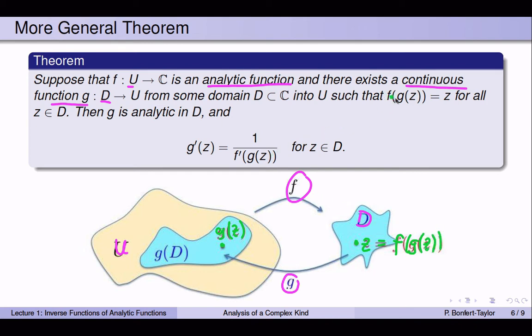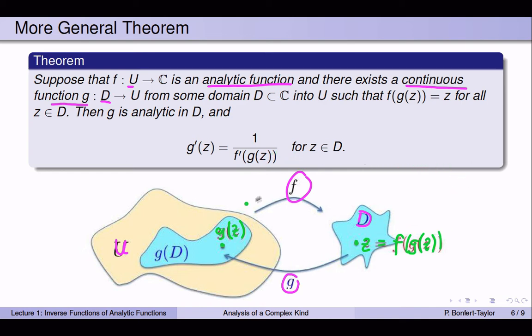So f is sort of an inverse of g. f of g of z, they undo each other. f of g of z is equal to z. If that holds for all z in d, where the function g is continuous, then g in fact is analytic and has derivative 1 over f prime of g of z. That's our inverse function theorem.